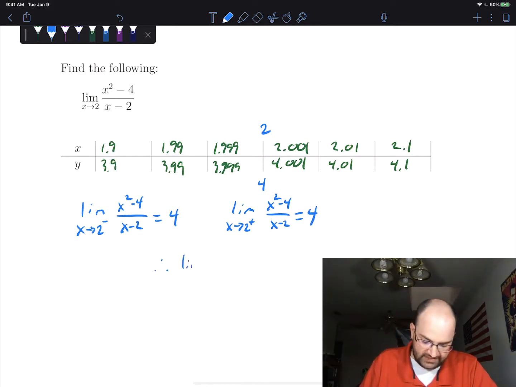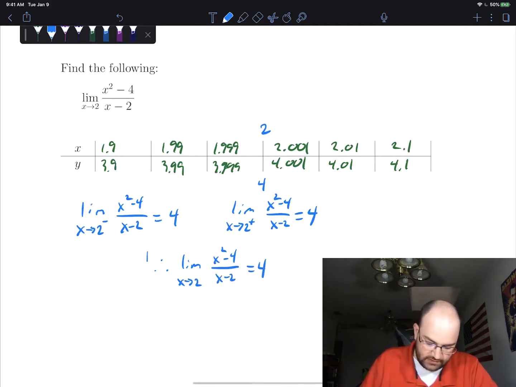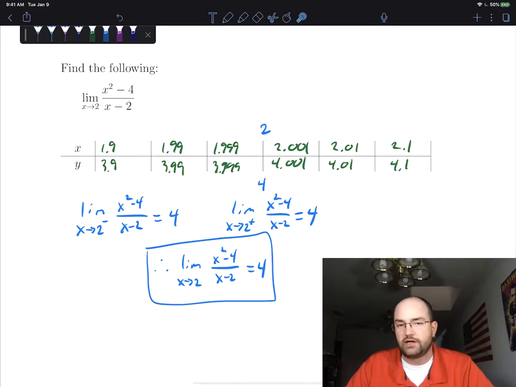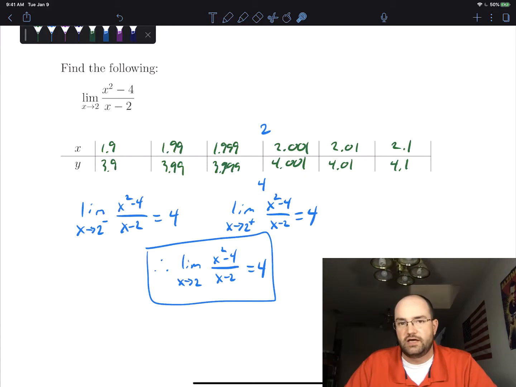Therefore, the limit as x approaches 2 of the function x squared minus 4 all over x minus 2 is going to be 4. And yes, by the way, the 3 dots like that is just mathematical shorthand for the word therefore.